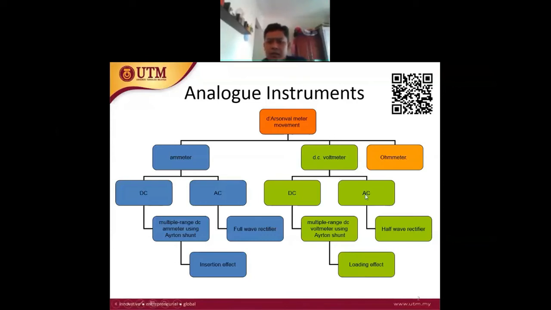Okay, next we have AC ammeter, which can be used by modification, a method called full wave rectifier, and also AC voltmeter, a method called half wave rectifier. Okay, we will look into that.